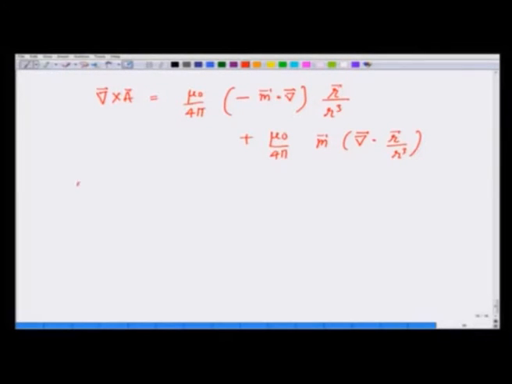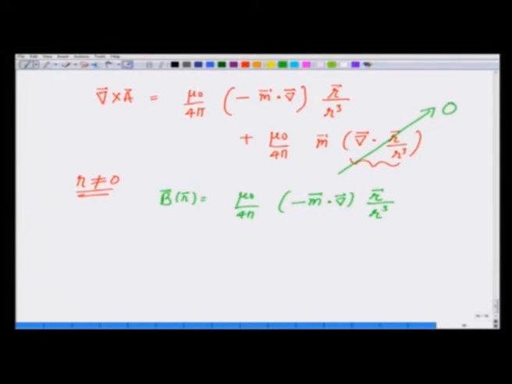Now, for r not equal to 0, that means away from the origin or away from the magnet, divergence of r over r cubed is 0. So, this term goes out. So, I am left with B of r equal to mu naught over 4 pi, minus m dot del operating on r over r cubed, where m dot del operator is nothing but m x partial x plus m y partial y plus m z partial z. Let us calculate this.